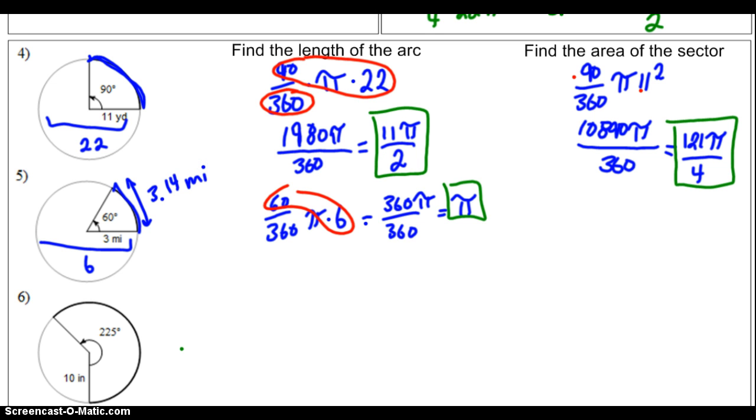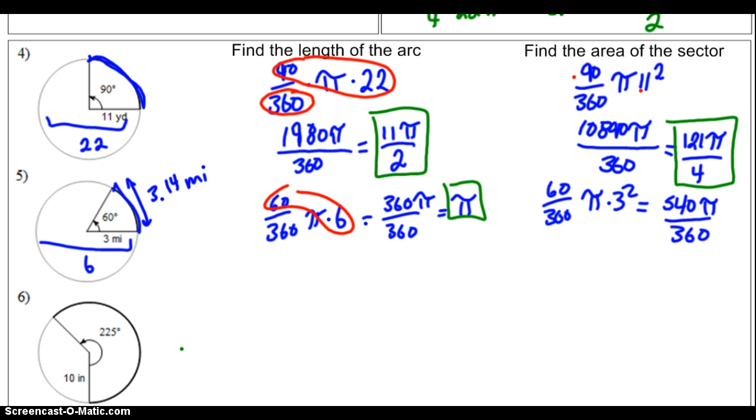Okay. For the area of the sector, it's pretty similar. We start with the area of the whole circle, which would be pi r squared, pi times 3 squared. But we only want 60 of the 360 degrees, so we put that out front. If you simplify that, you should end up with 540 pi over 360.